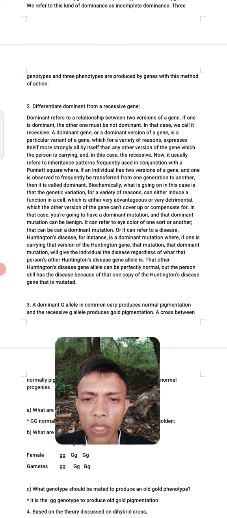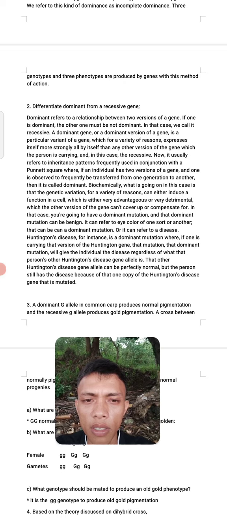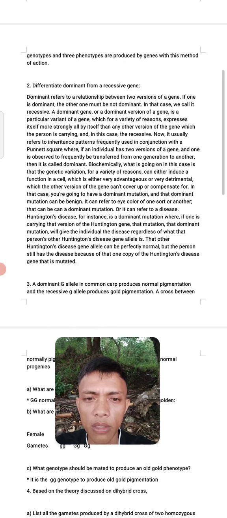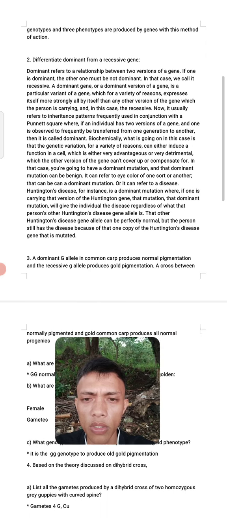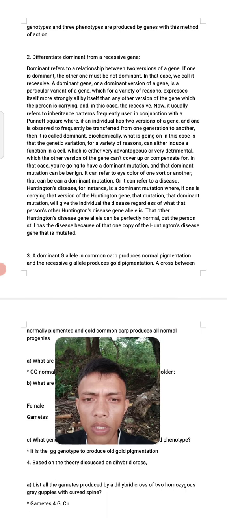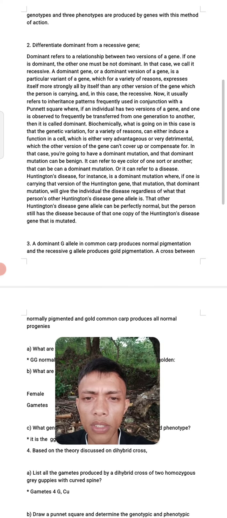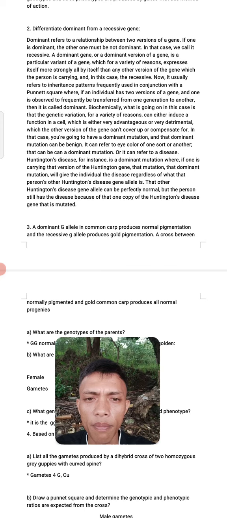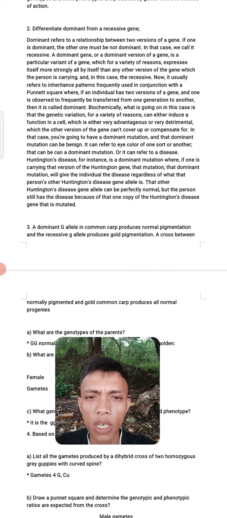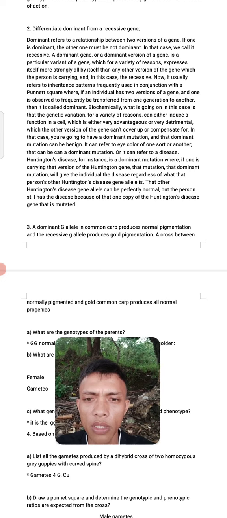Huntington disease, for instance, is a dominant mutation, where if one is carrying that version of the Huntington gene, the dominant mutation will give the individual the disease regardless of that person's other Huntington disease gene allele. That other allele can be perfectly normal but the person still has the disease, because that one copy of the Huntington disease gene is mutated.